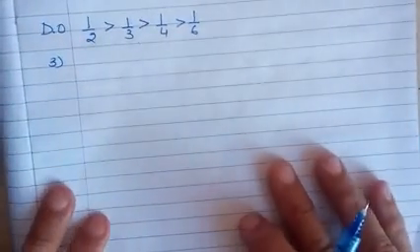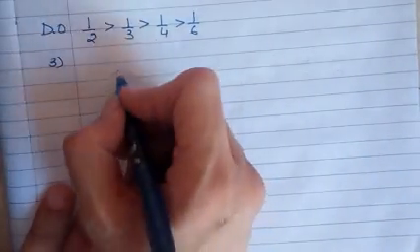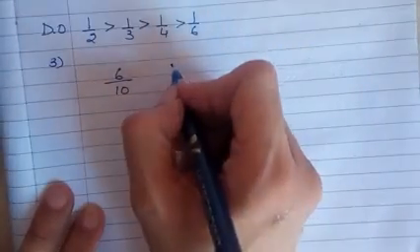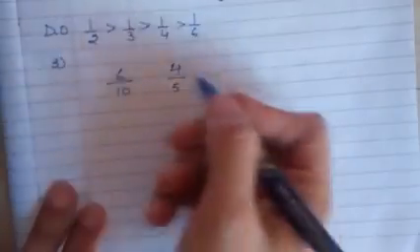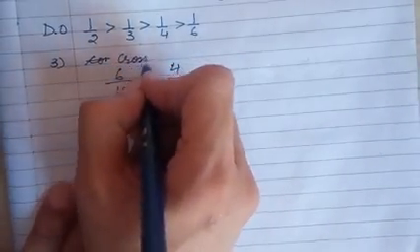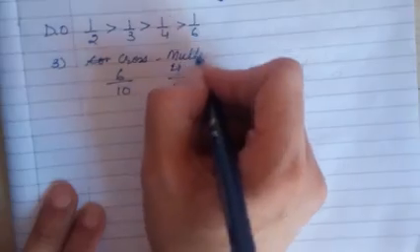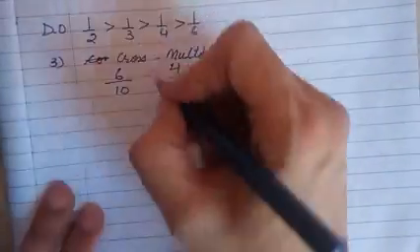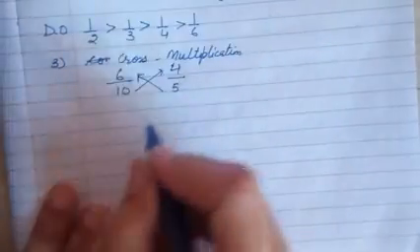Now if two fractions are given to us, suppose 6 by 10 and 4 by 5, then we can compare them with the cross multiplication method. In this method we take the cross products.